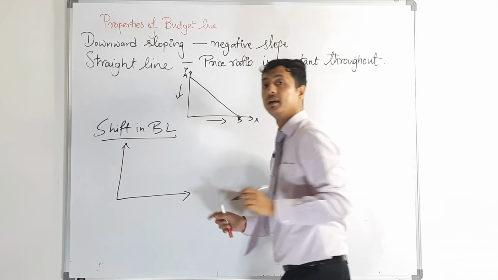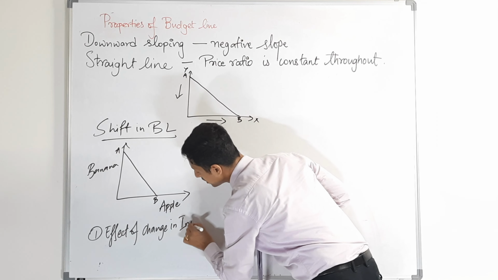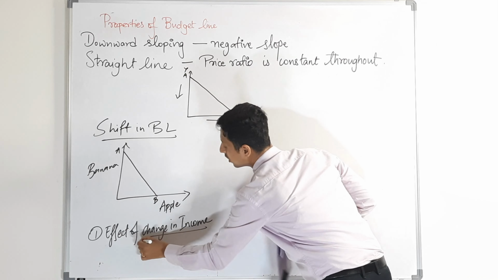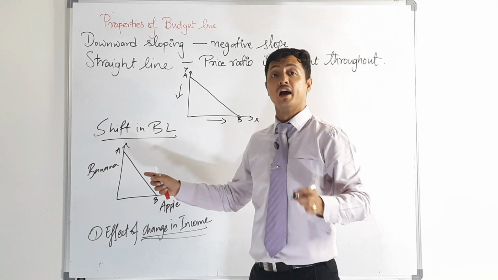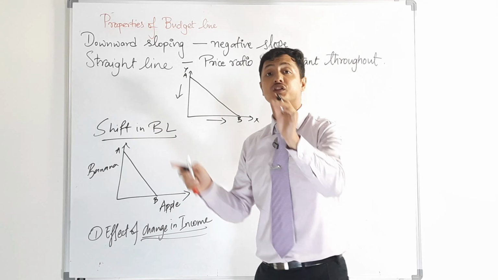Now what will be the effect of a change in income of the consumer on the budget line? If the income of the consumer increases, then the consumer will be able to have more combinations of both goods.